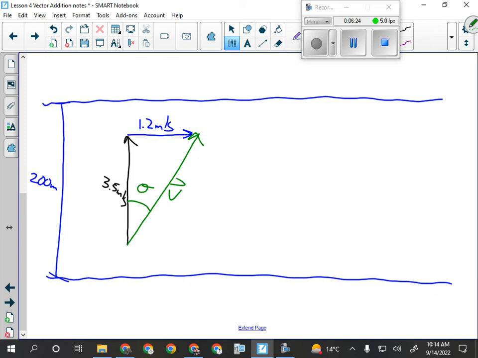So if I want to find what V is, I just have to do Pythagorean theorem, 3.5 squared plus 1.2 squared.